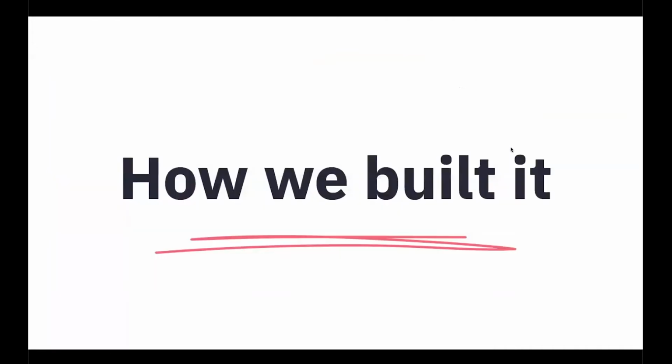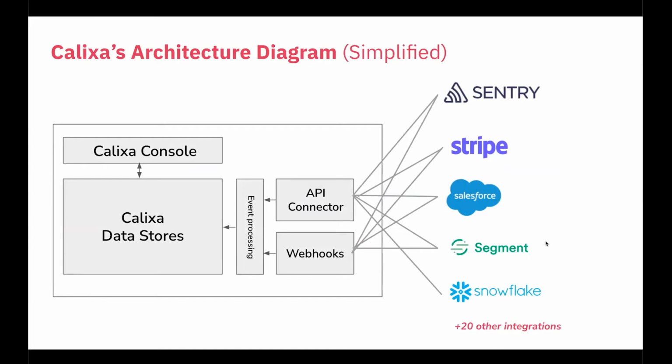Cool. Now I'm going to go into a bit about how we built this. And before I do that, I'm going to talk to you a little bit about Calixa's architecture. As you saw in the product, one of the core parts of Calixa is pulling all that data together into one place, right?